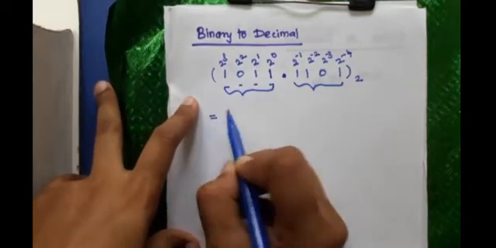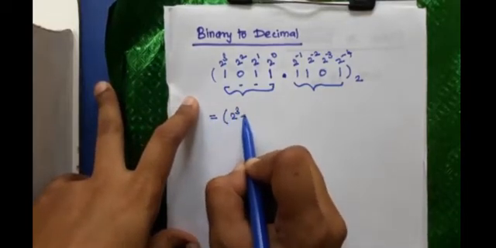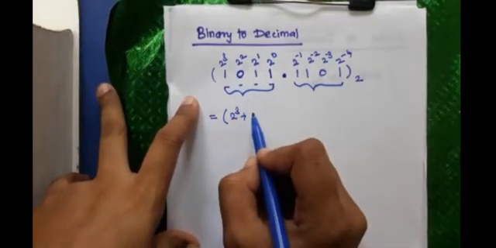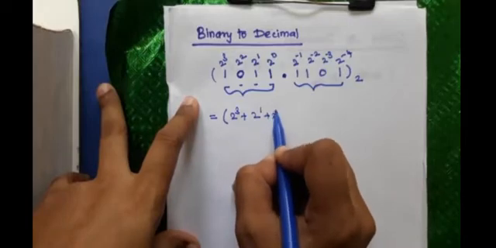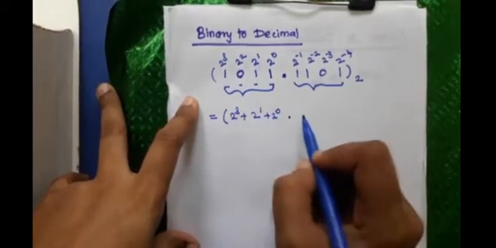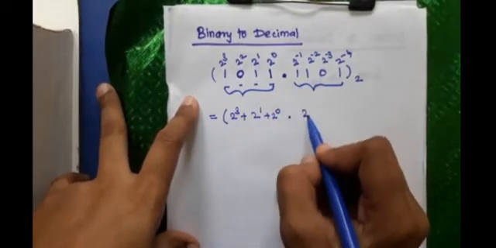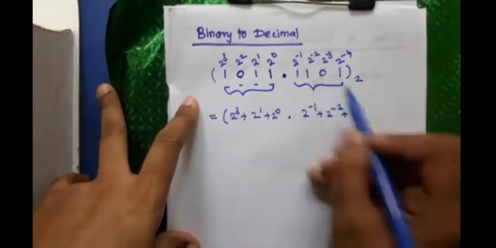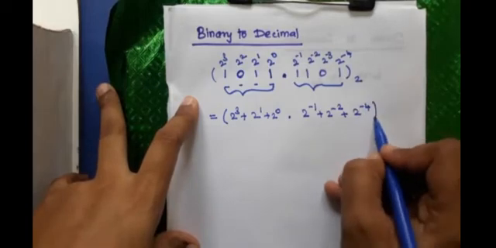So the answer is 2 power 3 plus, the value is 0, so I am leaving it, 2 power 1 plus 2 power 0 dot 2 power minus 1 plus 2 power minus 2 plus 0 plus 2 power minus 4.